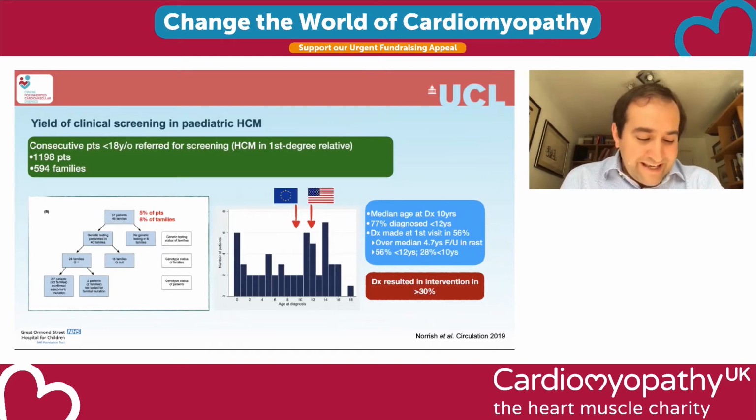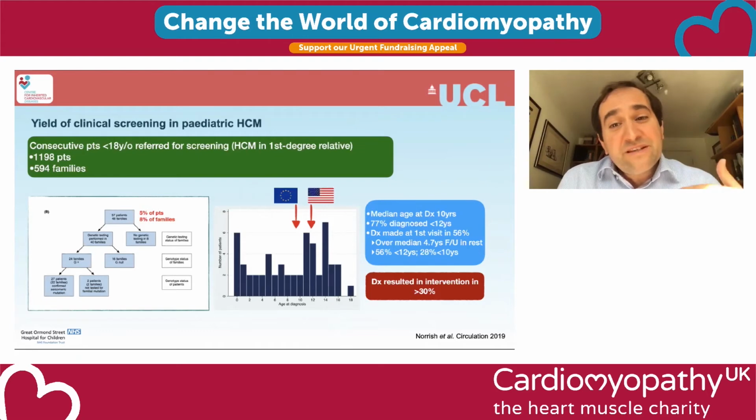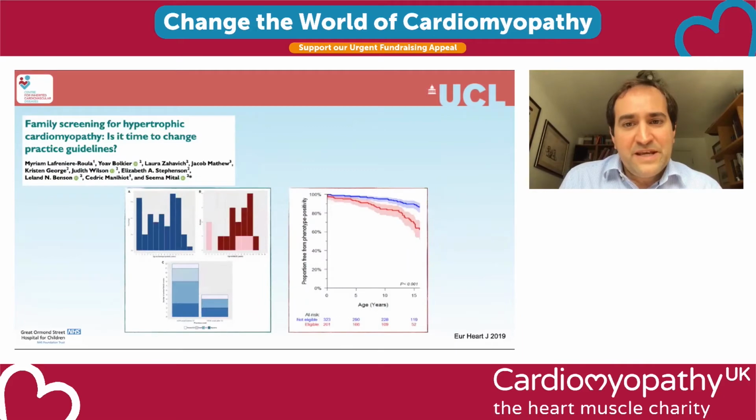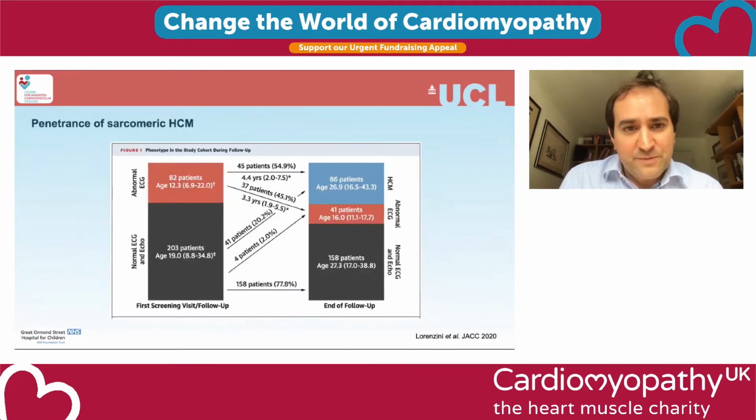And importantly, having the condition means that they're at risk of developing symptoms, and identifying them early meant that we were able to alter their treatment in over a third of those patients. So really important to make the diagnosis early. And there is similar data from a group in Canada that was published a few months after we published ours.